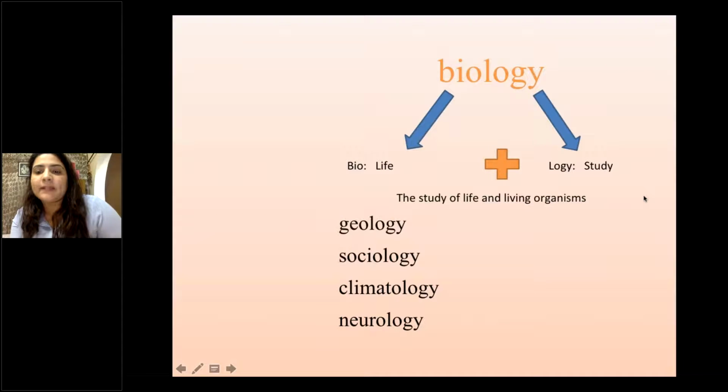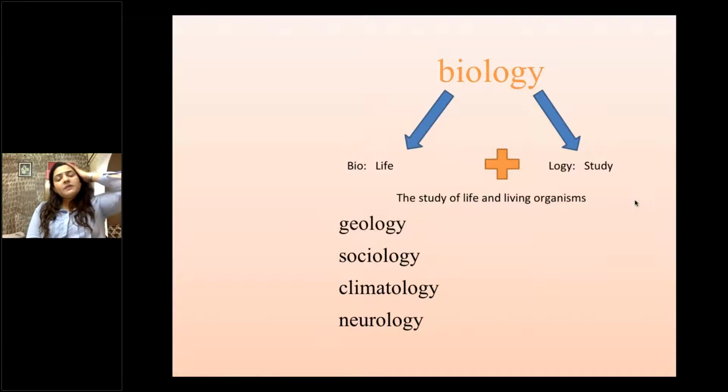Sociology. Let's come to the next one. Sociology. What is sociology? Study of society. Good. Absolutely correct. So yes, most of you are correct. What do you study in society? You study certain problems of the society. All these sociologists have studied lots of problems that have crept into our society.